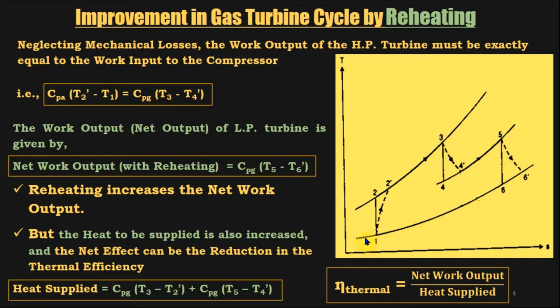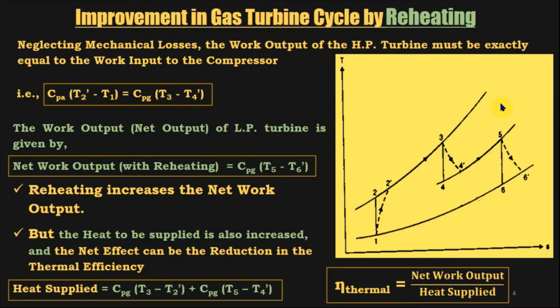Here we have three pressure levels, the lower pressure level, the higher pressure level and an intermediate pressure level. This curve is representing a constant pressure line in the TS diagram. Therefore, the pressure at 1, pressure at 6 and pressure at 6 dash are the same.